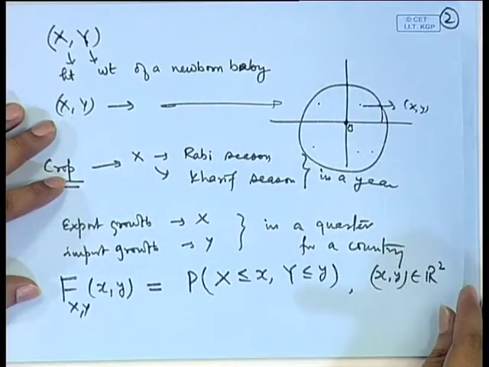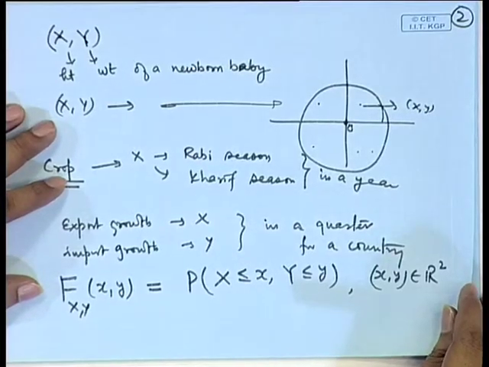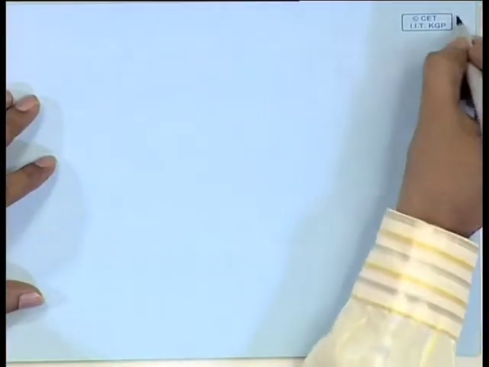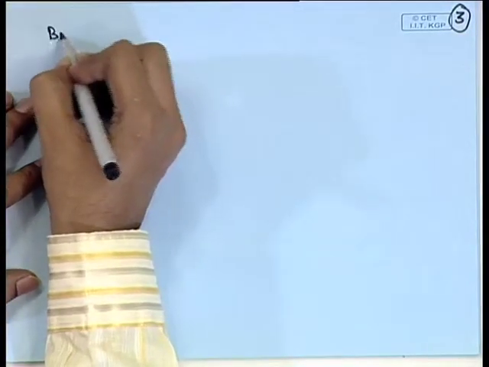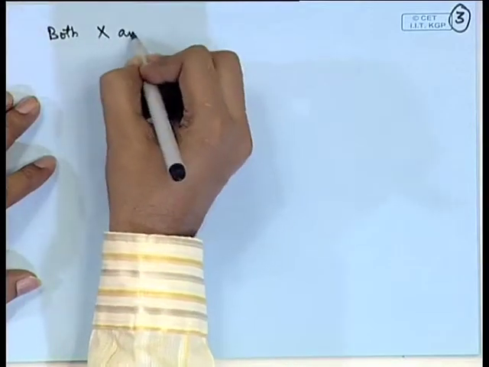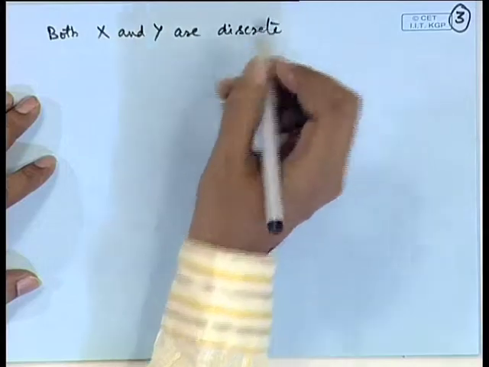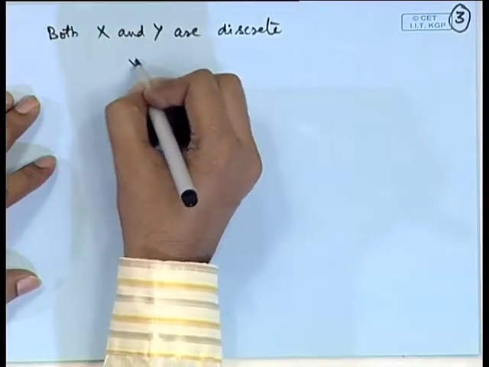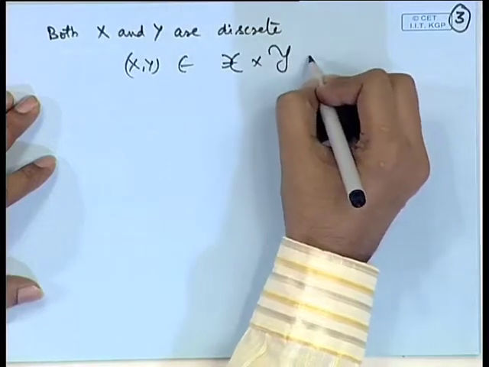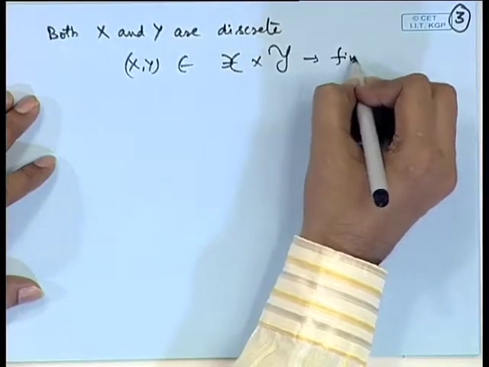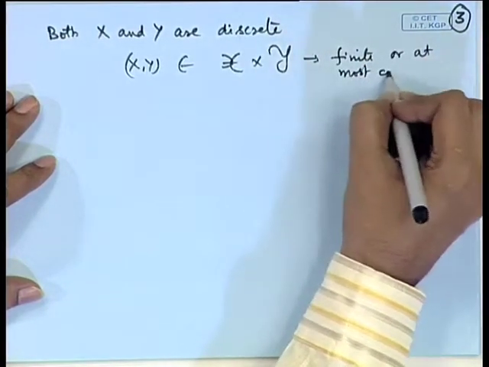Firstly, let us consider the case when both x y are discrete or both x y are continuous. If both x and y are, say, discrete, that means the values that x y take in a space, say x cross y, are finite or at most countable.